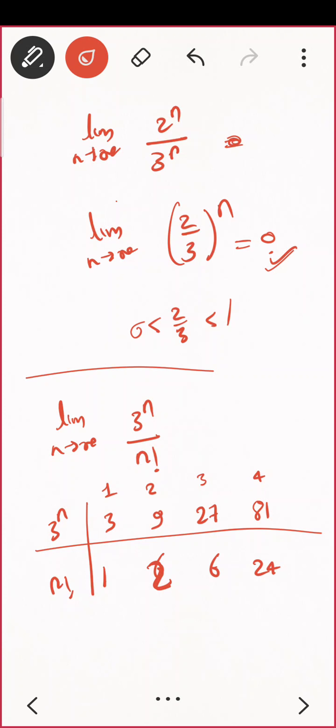Yeah, n factorial. Why is that so? How did you observe that? Try to see the first term here is 3, second term is 9, third term is 27. Let us observe this. 9 threes are 27. That means in the third term it is taking 3 times and it is taking 2 times. It is again 3 times. 3 twos are 6.